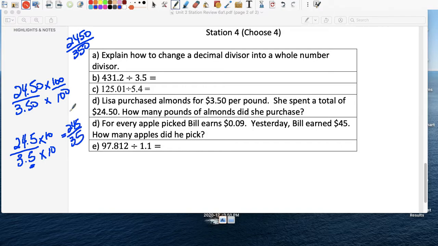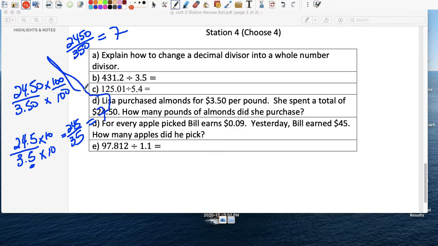Quickly in your calculator, just to show you, 2450 divided by 350 is 7. And then if you do the bottom, 245 divided by 35, it's also 7.